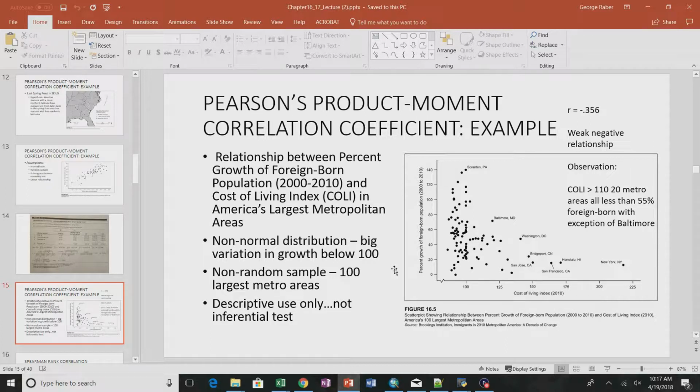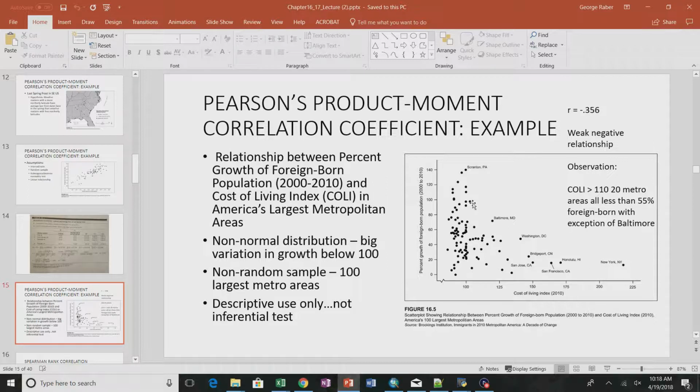Although that type of analysis doesn't have the predictive power of what we're going to talk about today. In other words, if we were trying to predict the percent growth of foreign-born, like if we said, hey, let's make our town really expensive to live in, and we won't have a lot of foreign population growth.